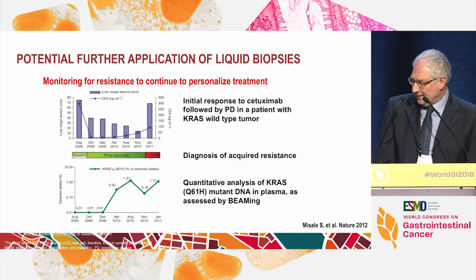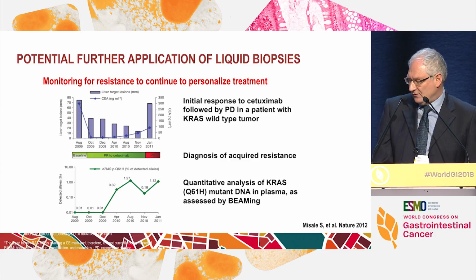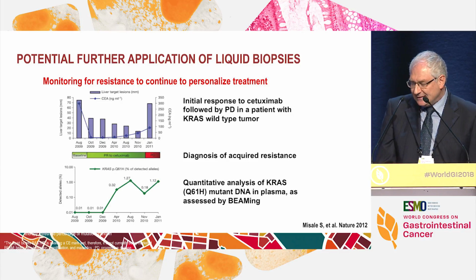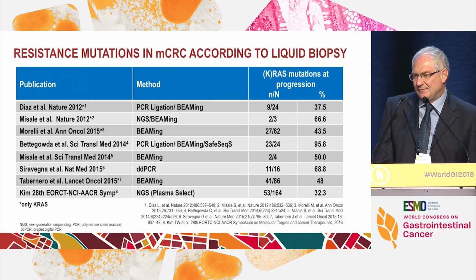And Alberto and his group was also able to find that in some cases other mutations that were different from the classical mutations that we find more in the tumor before treatment with anti-EGFR antibodies could be found. And these mutations, we know now, have a very relevant temporal evolution.